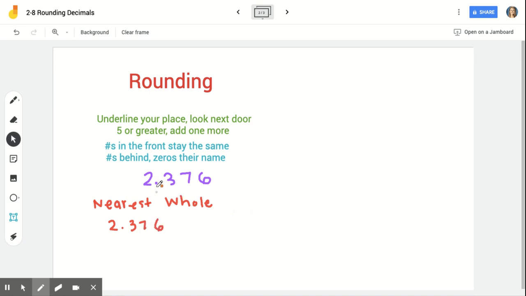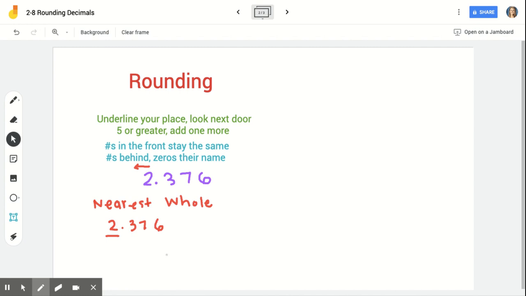Remember, whole number is any of the digits to the left of the decimal. So I have the decimal here. These numbers to the right, those are decimal numbers. To the left, over on this side, are whole numbers. So what we're going to do is underline the whole number. And the whole number here is just the digit 2. So please underline the 2.